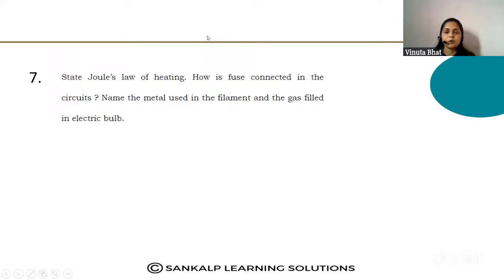Next question. One of the very important and repeated questions. Many times this question is repeated in your board exam. State Joule's law of heating. How is a fuse connected in the circuit? Name the metal used in the filament and the gas filled in an electric bulb. Let us start with the first question. What is Joule's law of heating?